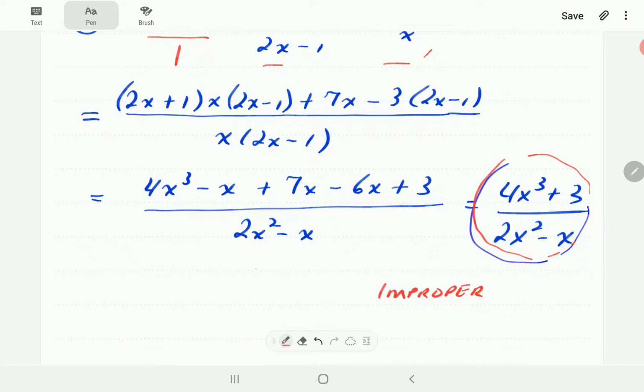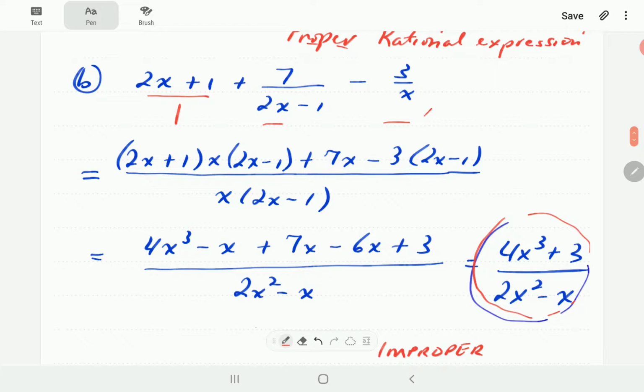We've got degree 3x here and degree 2 here. So this one is an improper rational expression compared to the one we did in A. But still, these are partial fractions here. Of course, if you've got an improper fraction, when you resolve it to partial fractions, you end up with a polynomial expression and then partial fractions.